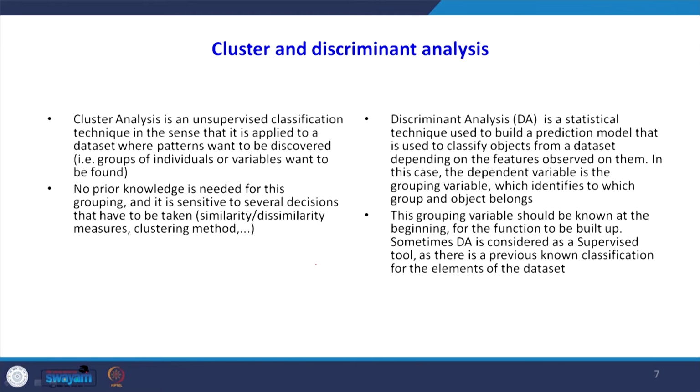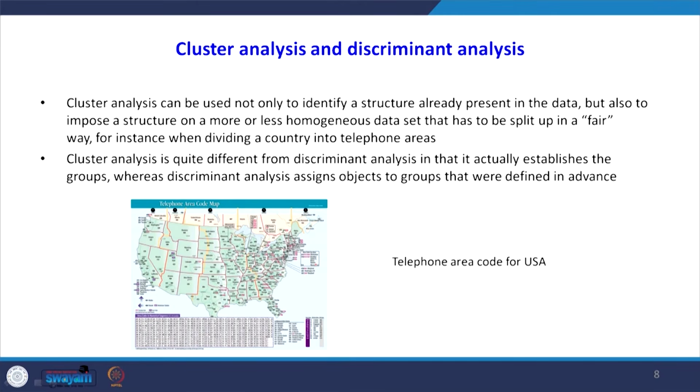This grouping variable should be known at the beginning for a function to be built. Sometimes discriminant analysis is considered a supervised tool, because there is a previously known classification for the elements of the data set. Further we will continue the difference between cluster analysis and discriminant analysis.